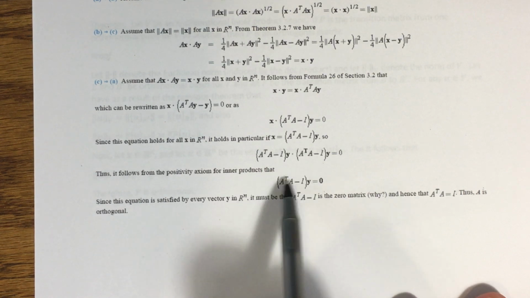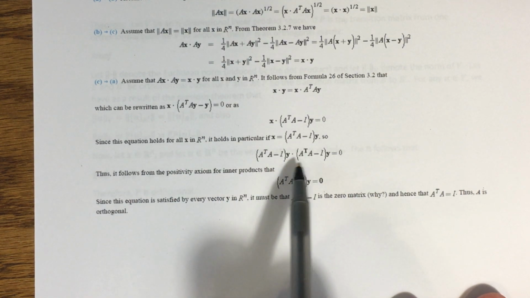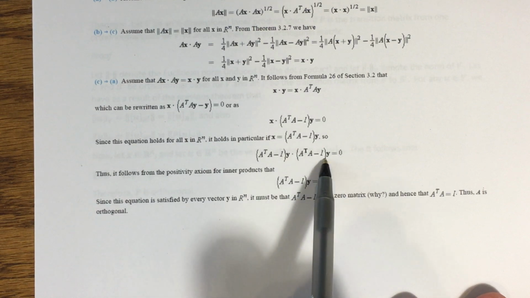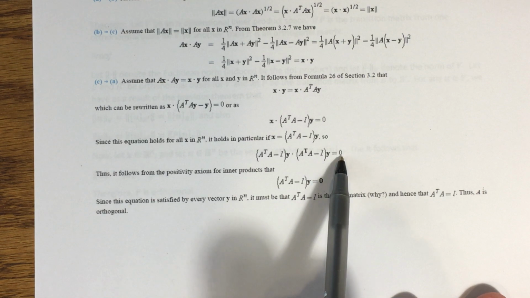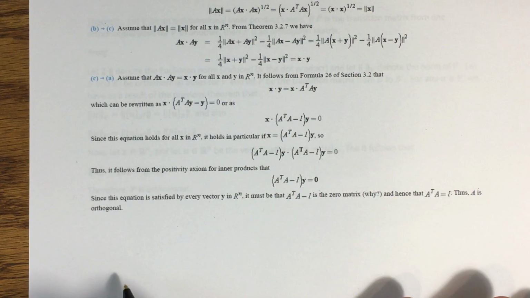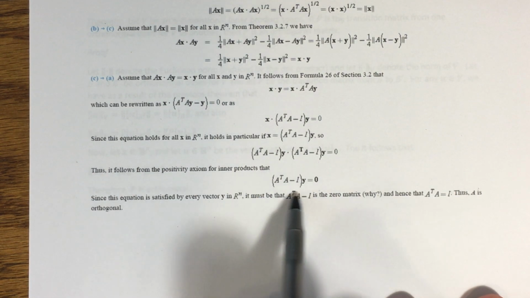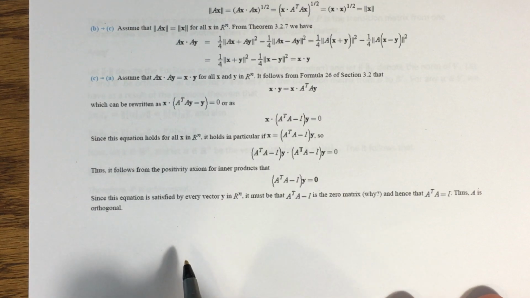But we know from the positivity axiom of inner products, anytime you take an inner product, in this case a dot product, of a vector with itself, if the result is 0, then this thing had to have been the 0 vector to begin with. That's a property that every inner product has to have. So that's what is being stated right here.